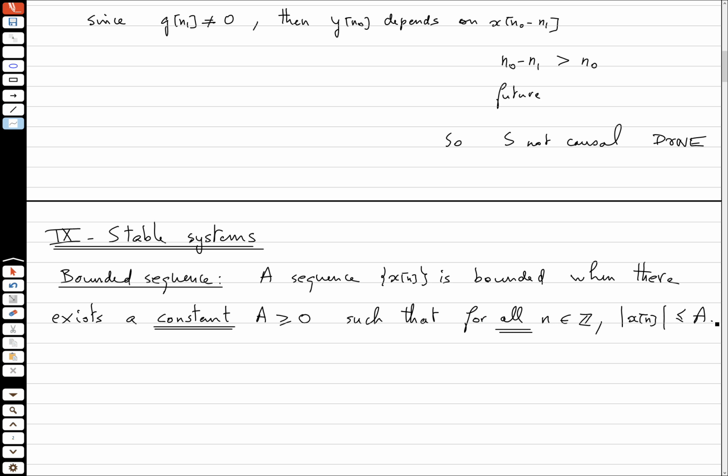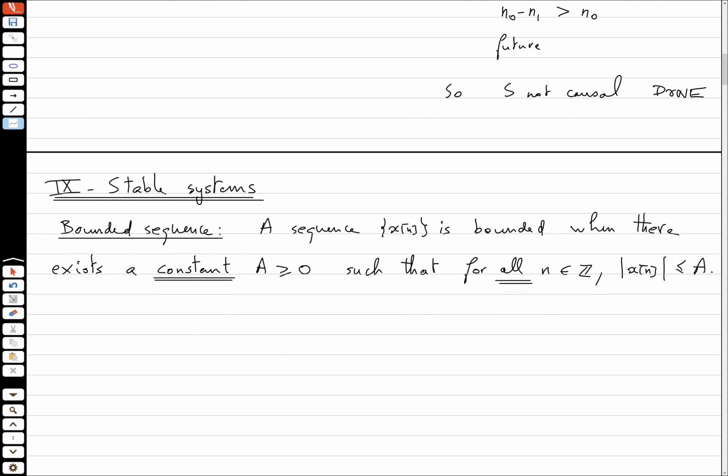Is it easy to understand? No, a constant is a single number. All right, so you see the opposition constant here, but this has to work for all n.